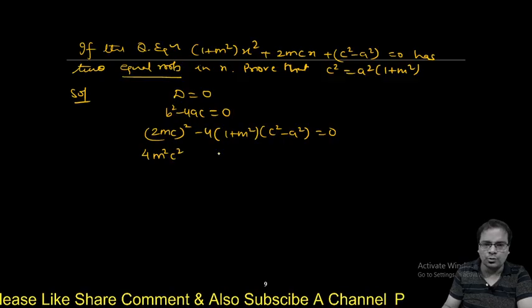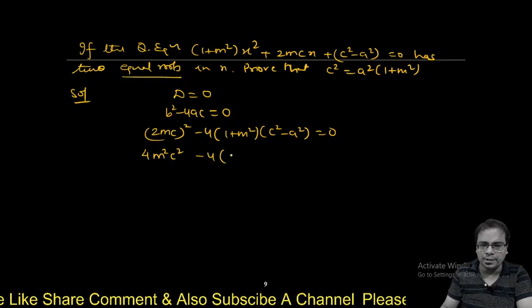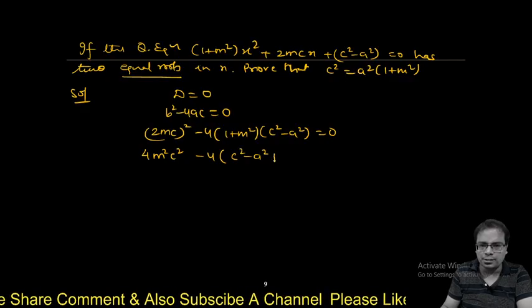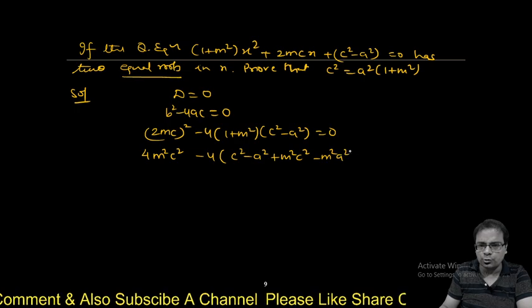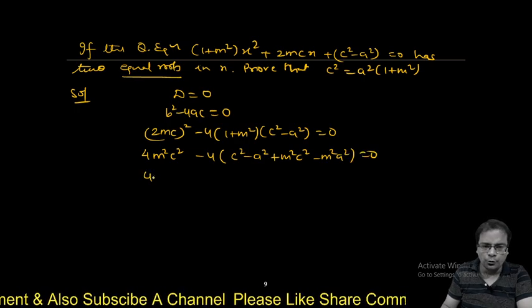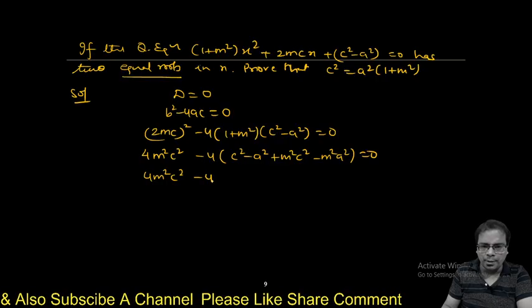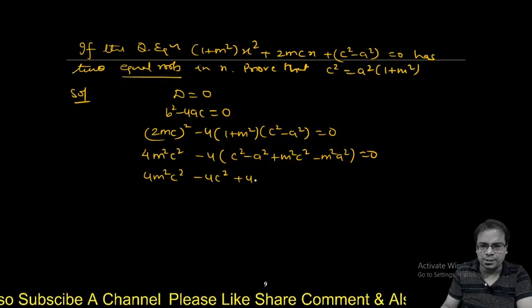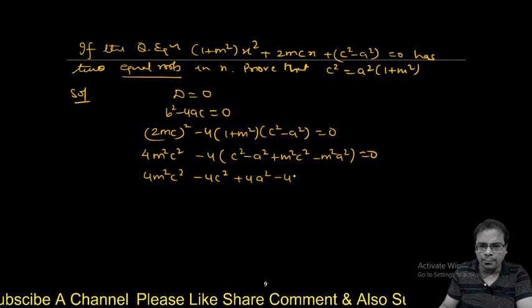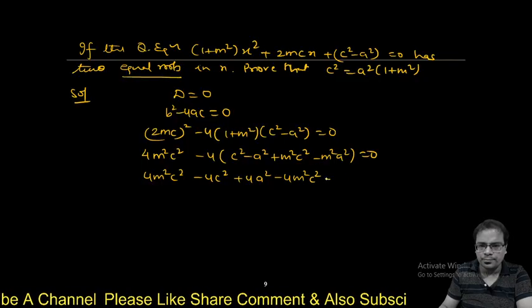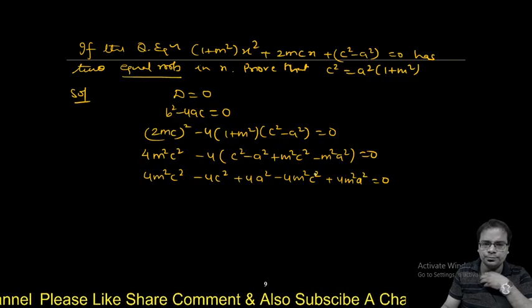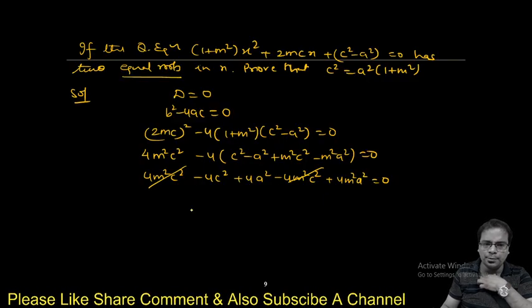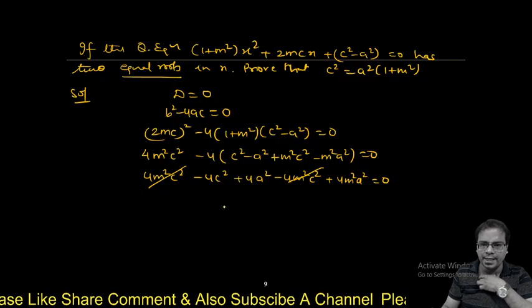4m square c square minus 4, open the bracket, c square minus a square plus m square c square minus m square a square, equal to 0. So 4m square c square minus 4c square plus 4a square minus 4m square c square plus 4m square a square equal to 0. That can be cancelled with one another because one is positive and another is negative.